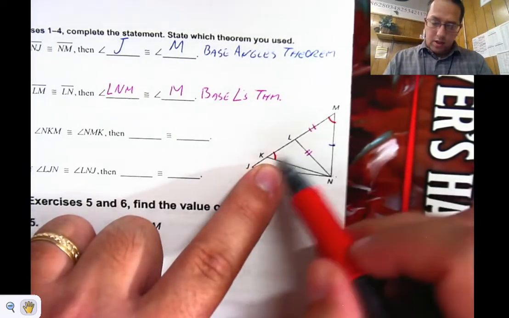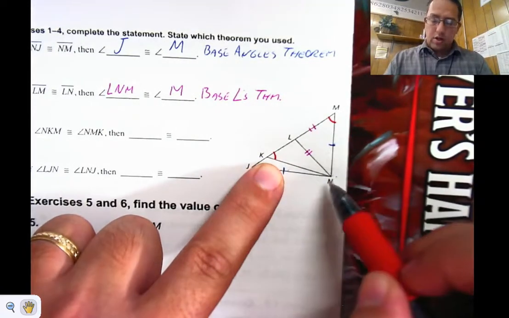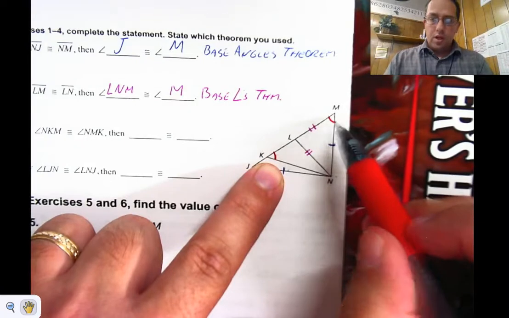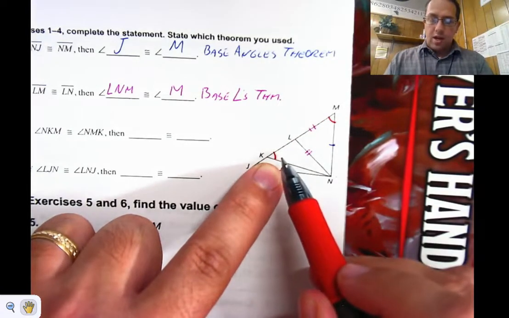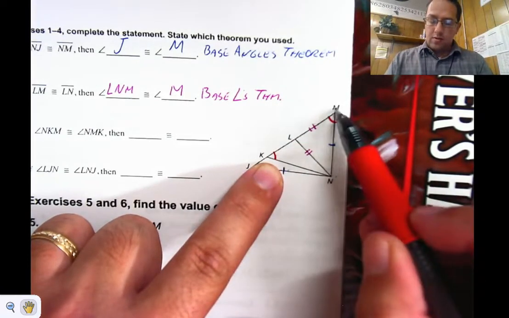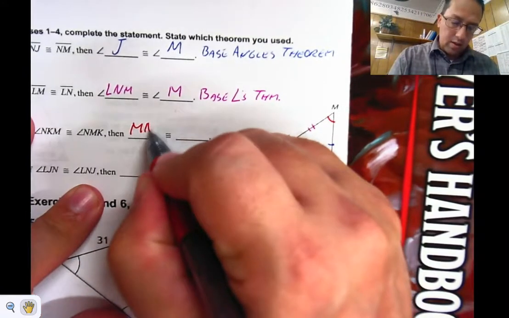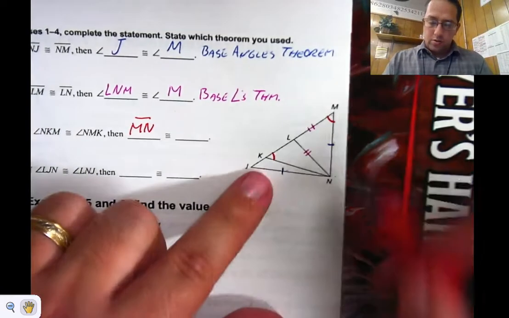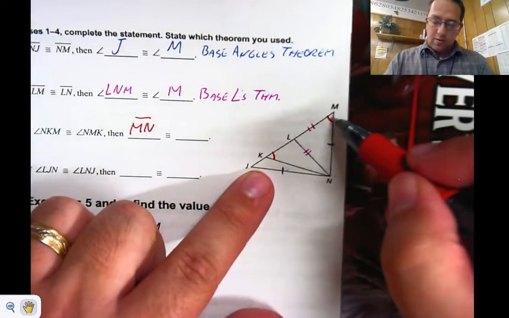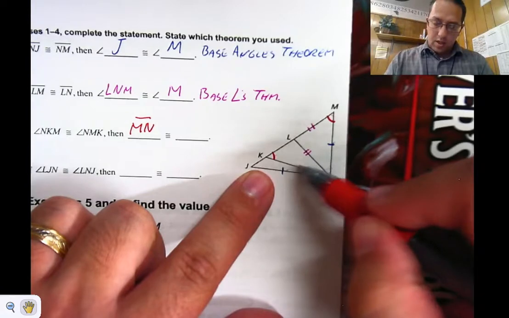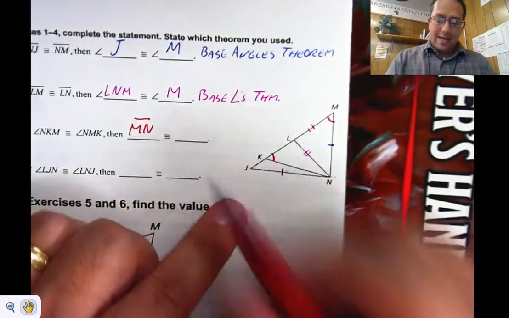So, the sides of the triangle opposite these two angles. We are looking at this triangle right here, triangle NKM. So opposite angle K is side MN. So segment MN is going to be congruent to, let's see, opposite angle M is right here, segment NK.